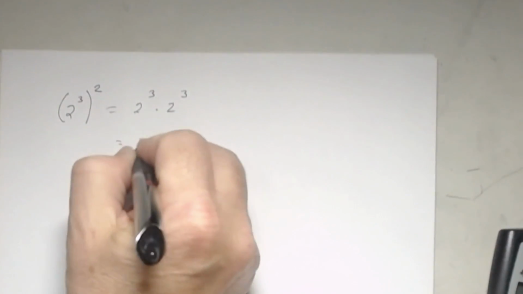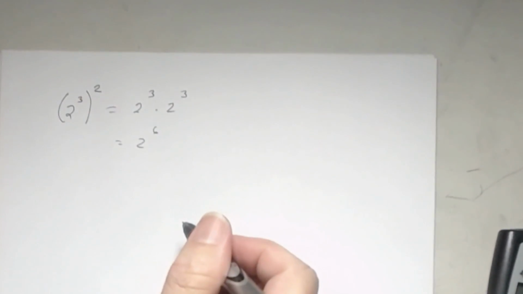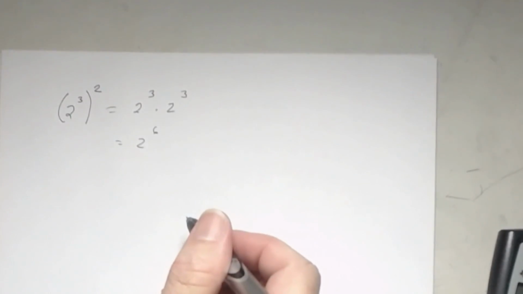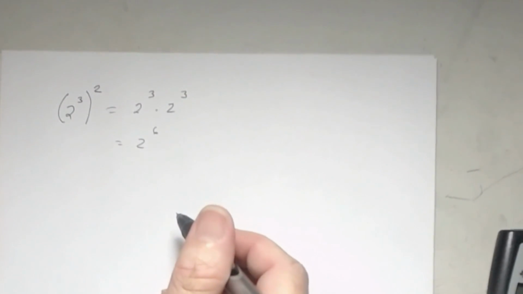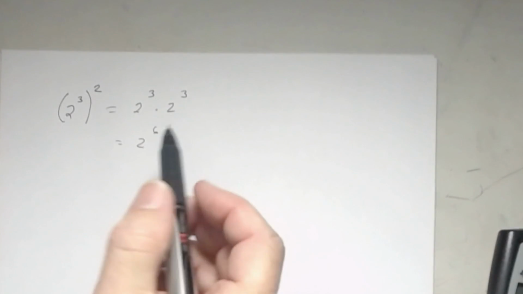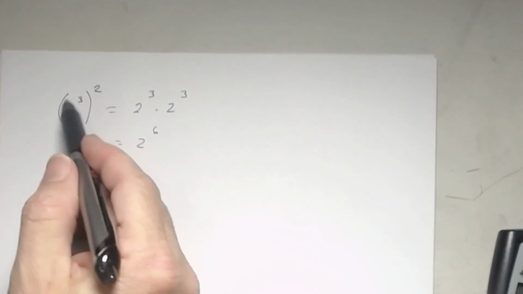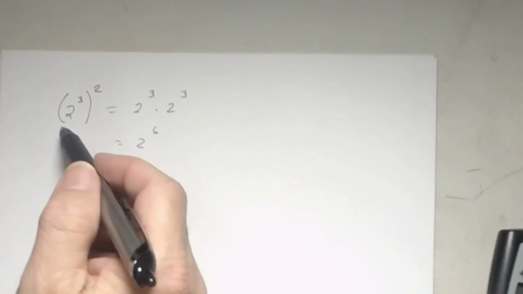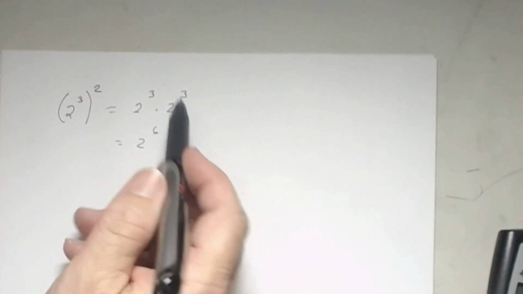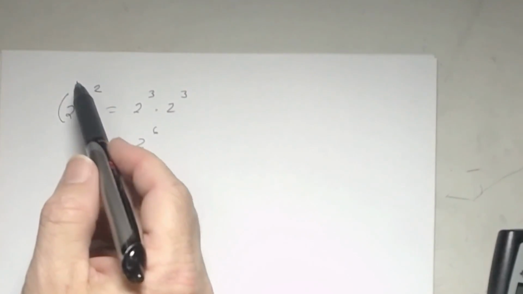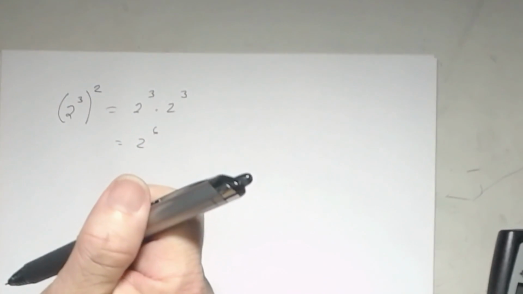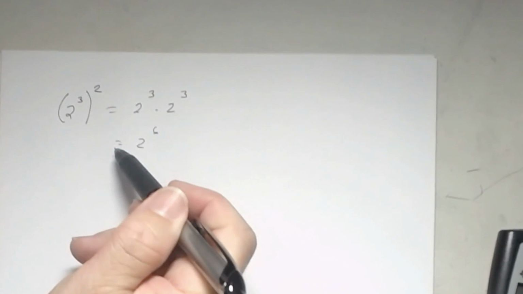When you multiply like bases, add exponents. But notice what I went through to get that 2 to the 6. I looked at the outer exponent. Then what was inside the parentheses is considered the base. So rewrite the base as a product, the exponent number of times, and then just use the product rule.